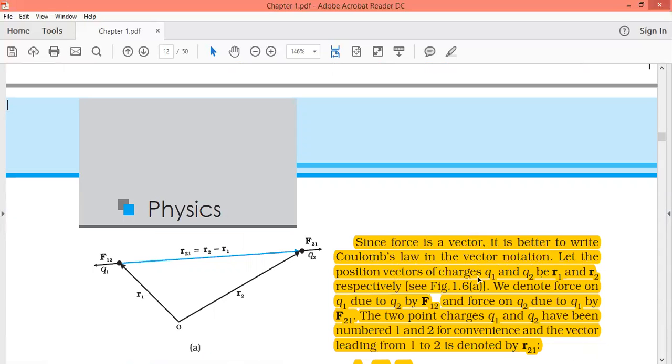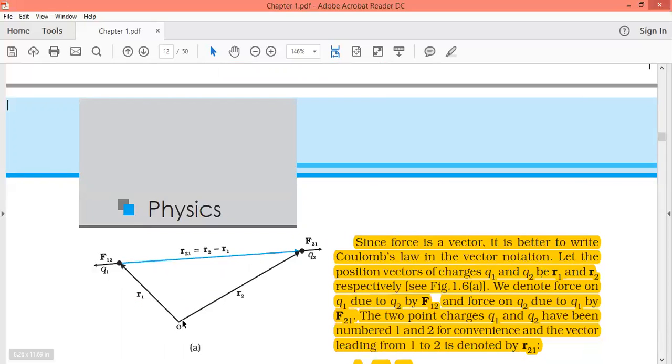So let the position vectors of charges Q1 and Q2 be R1 and R2. See this figure, this is the origin. With respect to the origin, Q1 is placed at a distance R1, and Q2 is placed at a distance R2.